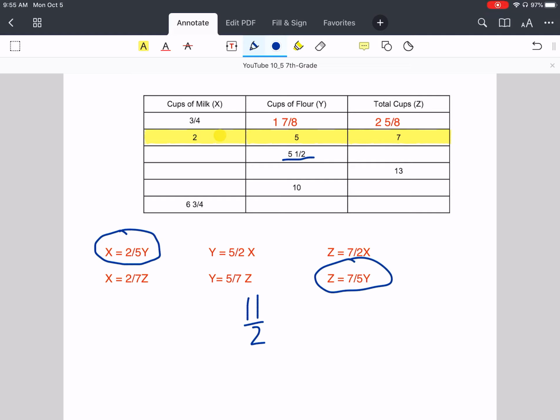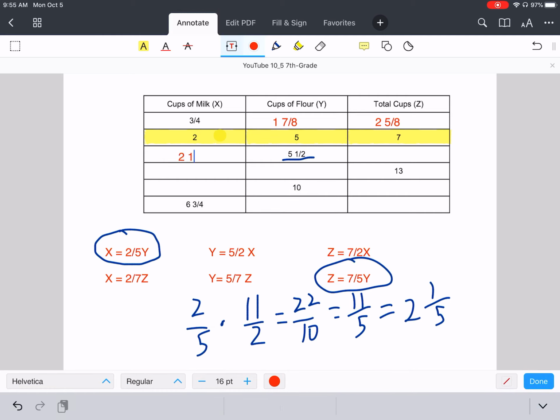So x equals 2/5 of 11 over 2. So we're going to say 2 over 5 times 11 over 2, which equals 22/10. Simplifies to 11/5. That equals 2 and 1/5.